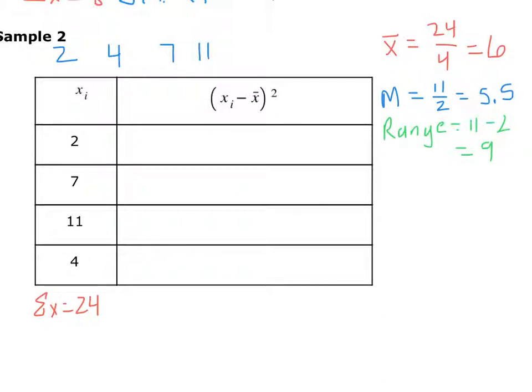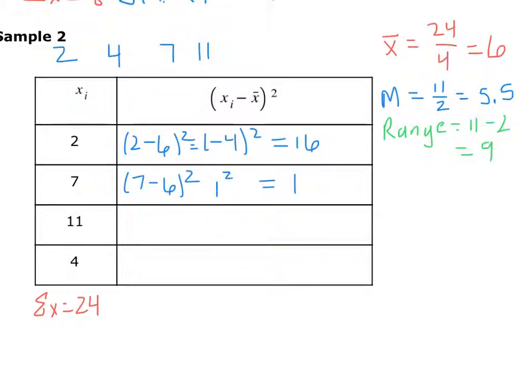Okay, now let's look at variance. For variance, we want to find those squared deviations. For the first one, 2 minus 6 squared, so we get negative 4 squared, so we get 16. 7 minus 6 squared, so that's going to be 1 squared.